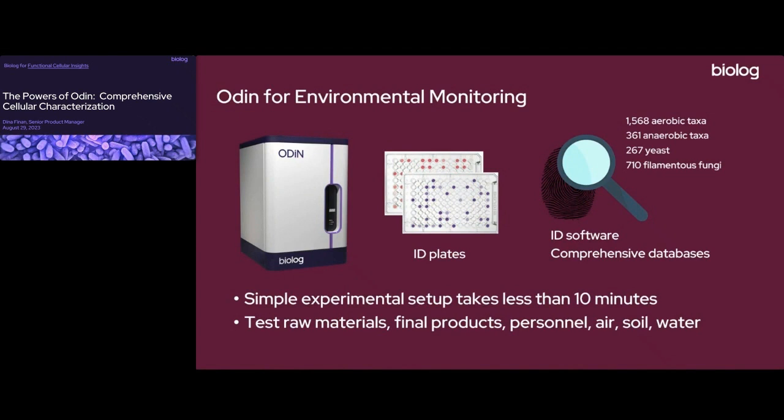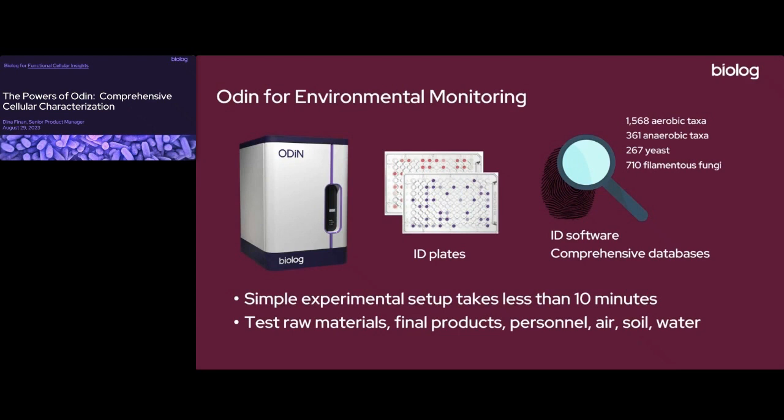So to use this kind of microbial ID for environmental monitoring, all you have to do is take swabs or swipes from different areas in your manufacturing suite, or it could be your raw materials, or even your final food products, to be able to identify and then, of course, mitigate contaminants really quickly and easily.